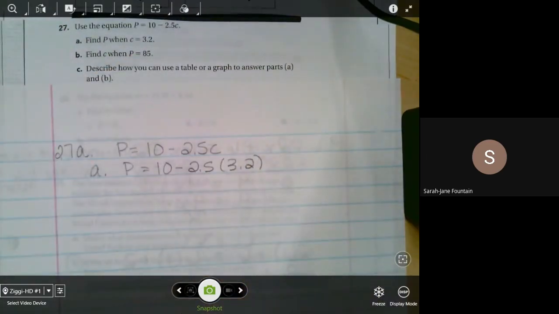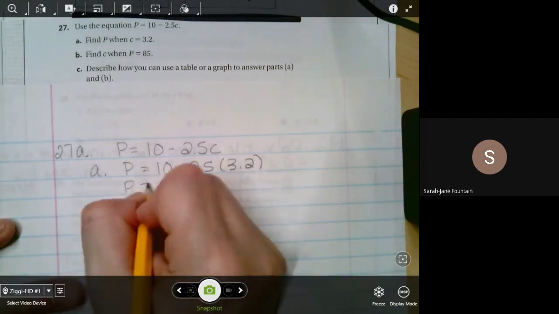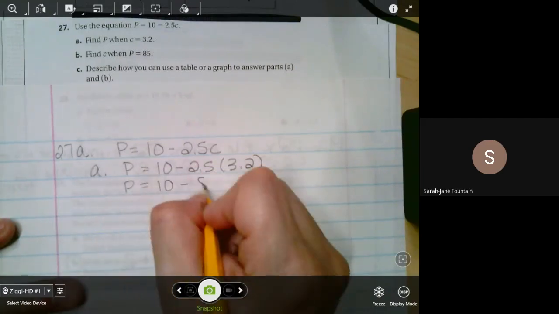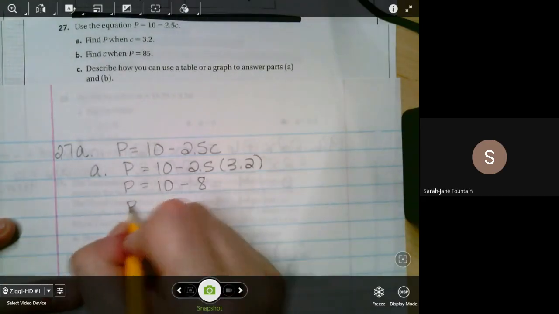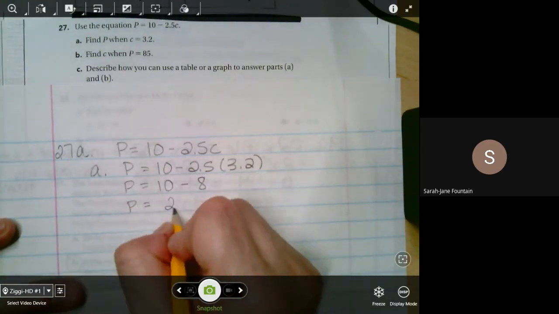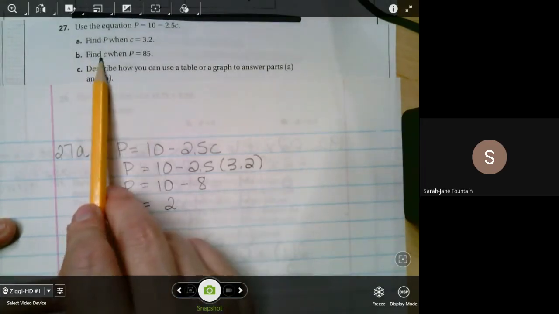So what's negative 2.5 times 3.2? I have P equal to 10 minus 8. So P equals what? 2.